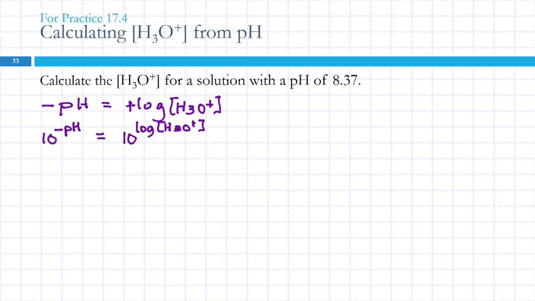Log and anti-log, poof, go away. Like matter and antimatter, they cancel each other out. So the hydronium ion concentration is equal to 10 raised to the power of the negative pH.